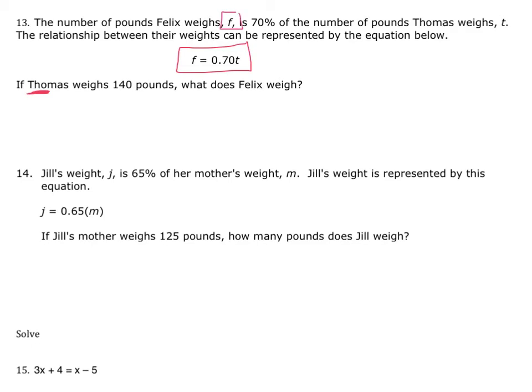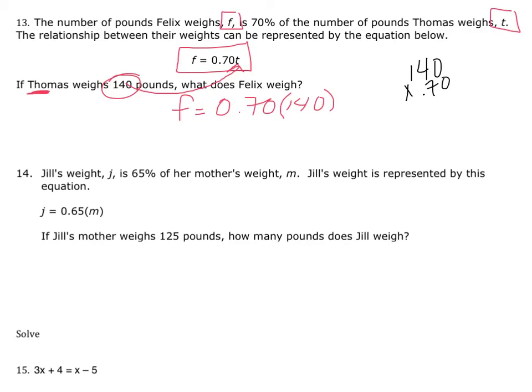Well, Felix is F, Thomas is T. So Thomas is 140, so we're going to put that 140 where that T goes. So I'm going to rewrite it, but instead of T, I'm going to replace it with 140. So now, right next to each other means multiply, so I have to multiply 140 times 0.70. Remember, when you multiply, you don't have to line up the decimals.